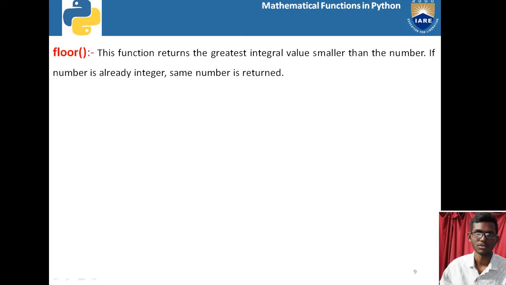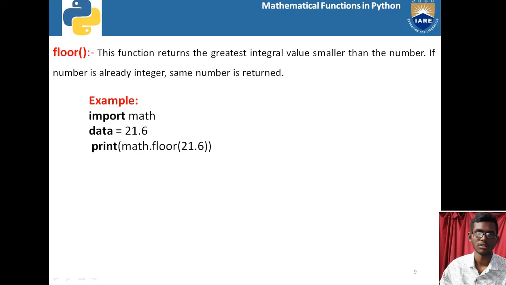Floor. This function returns the greatest integer value smaller than the number. If the number is already an integer, the same number is returned. Example, here also we first write import math. That means take input from the mathematical functions.